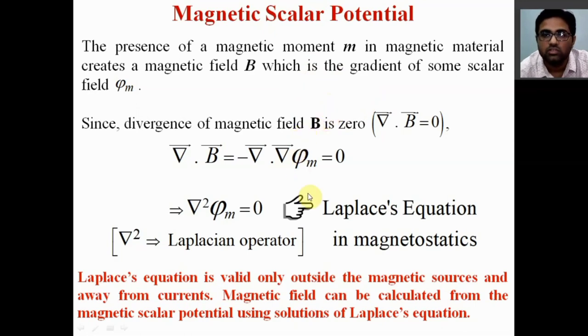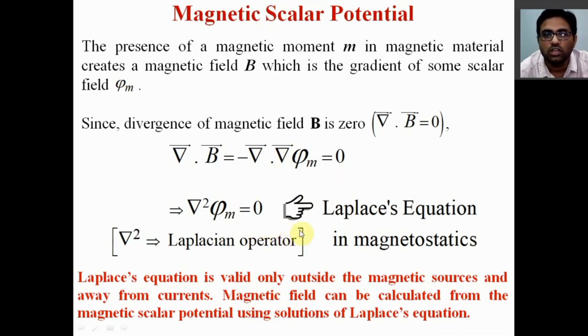Since divergence of magnetic field is 0 and magnetic field is expressed as minus of gradient of scalar potential, we get Laplace's equation in magnetostatics, which is del square phi m equal to 0.